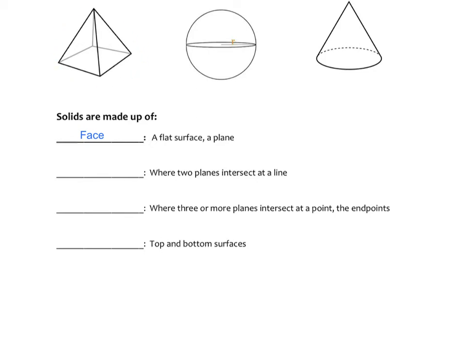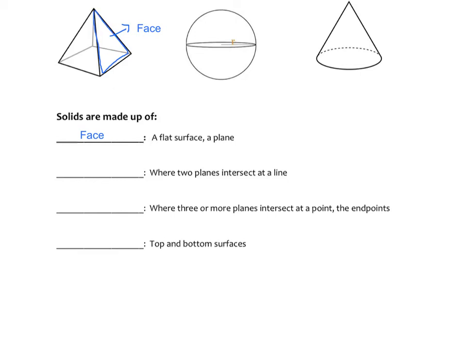A face on the square pyramid would be right here. In the square pyramid, there are actually 5 faces: the bottom, the front, the left back, and the right back.